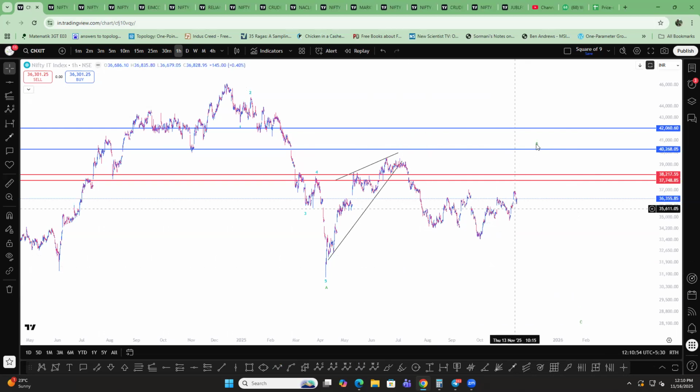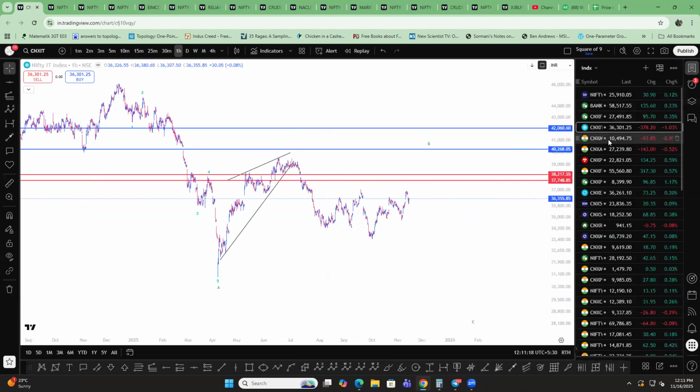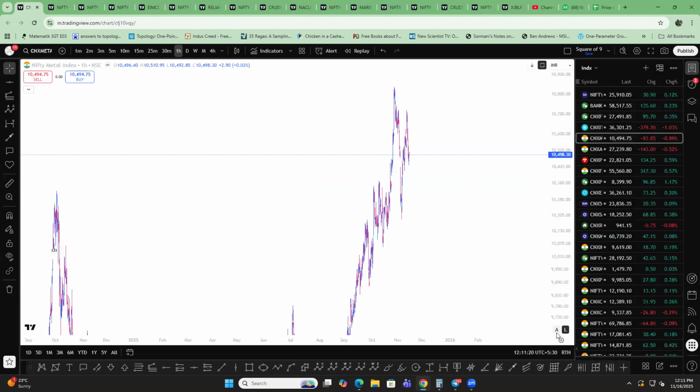If the IT index moves to one more high, these are the resistance areas that you may note down. If price rejects from these resistance areas, then Nifty will make a smaller high and then fall back. So take your trading decision accordingly. This is for the IT index. Next, move on to metals.